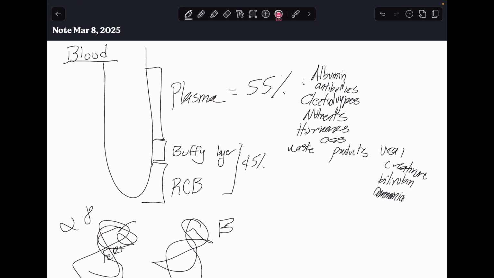If that buffy layer is thicker than a Snickers, then more than likely the patient is very sick and it's no good to have an infection. Then we also have platelets or thrombocytes. And those will help us to clot our blood if we get a little cut or something.